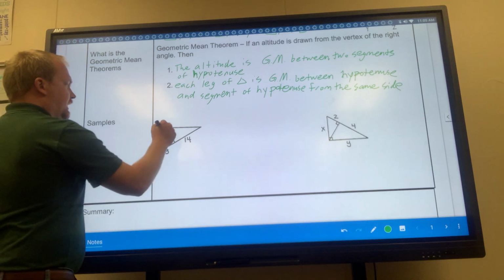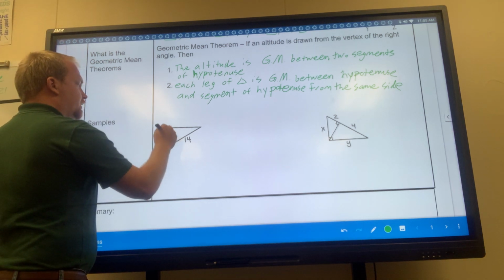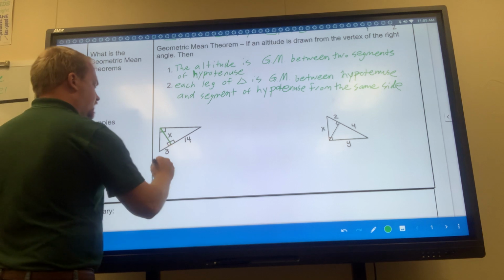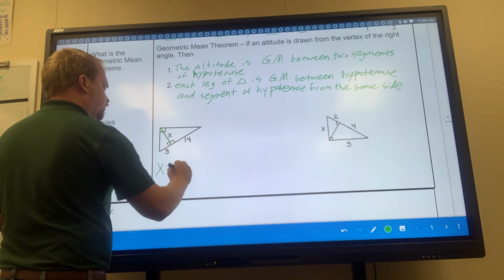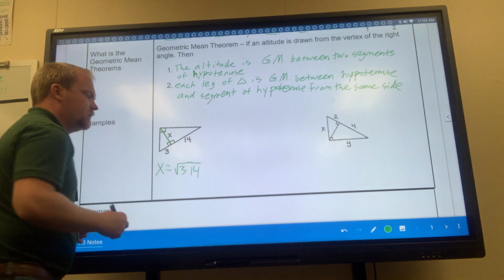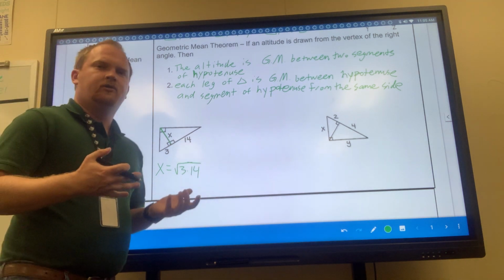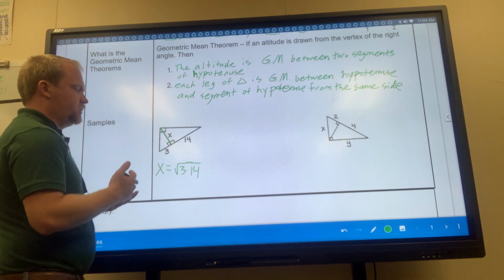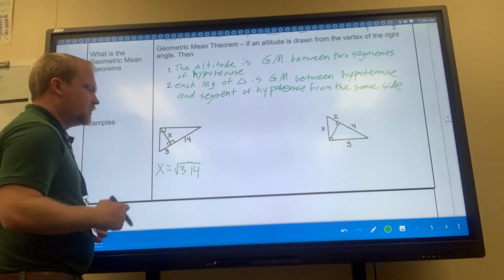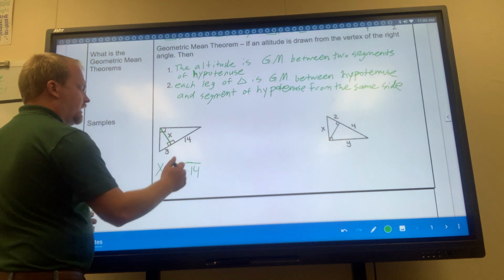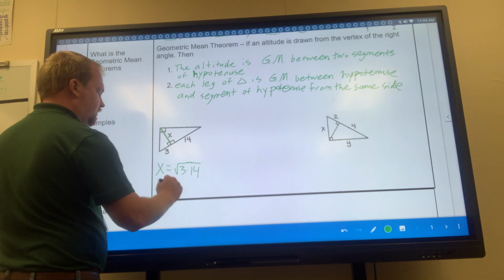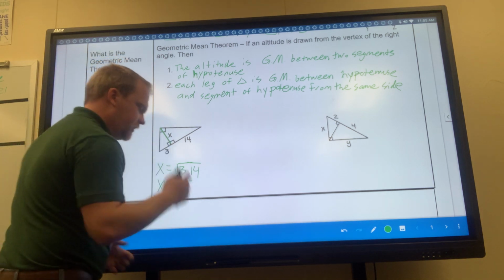So I have an altitude here. This x is going to be equal to the square root of 3 times 14. I have to determine what x is.